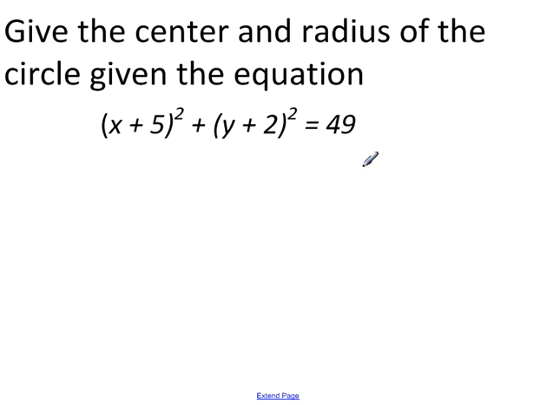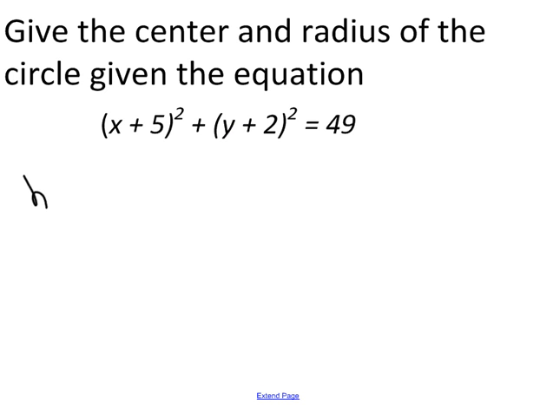Okay, so here we're given the equation x plus 5 squared plus y plus 2 squared equals 49. So let's think about it, right? The person that wrote this equation had an h and k. And what happened to that h and k when they wrote this equation? The signs got changed. So now we get x plus 5 squared plus y plus 2 squared.